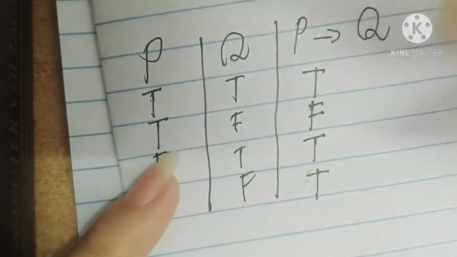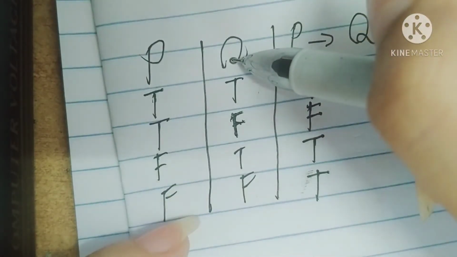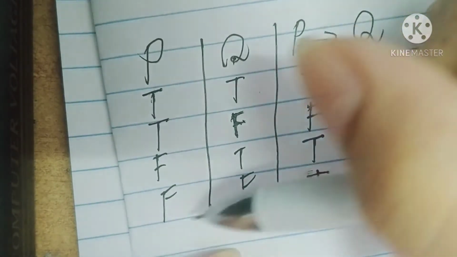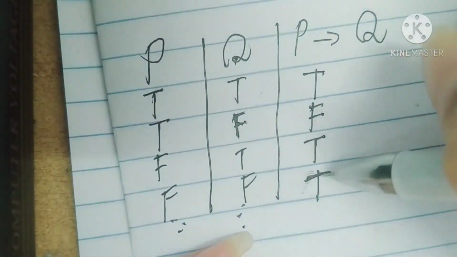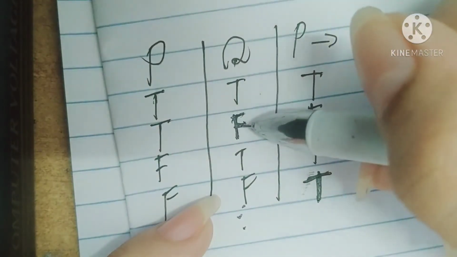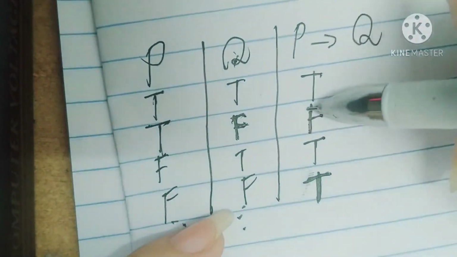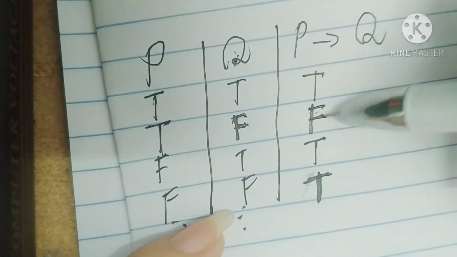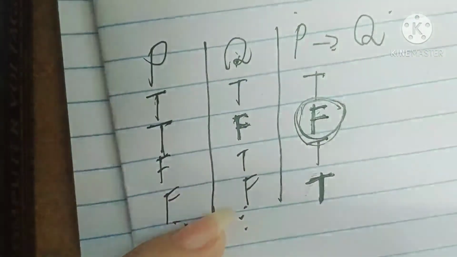So you will only have false if there is a false in your Q, but here both of them are false, so it will give you a true statement. Always, always, always, just remember that if there's a false in the second statement, the Q, and the P is true, that will give you a false statement. So we only have one F here for P then Q.